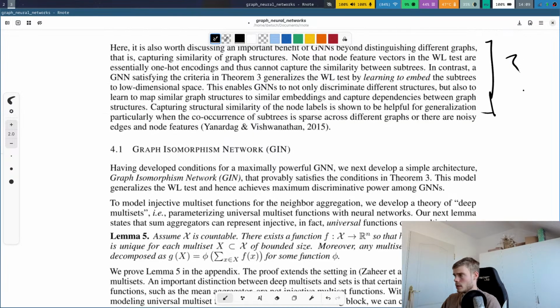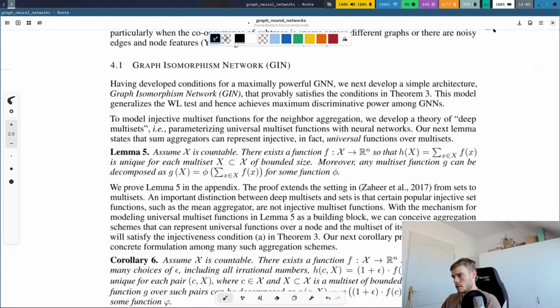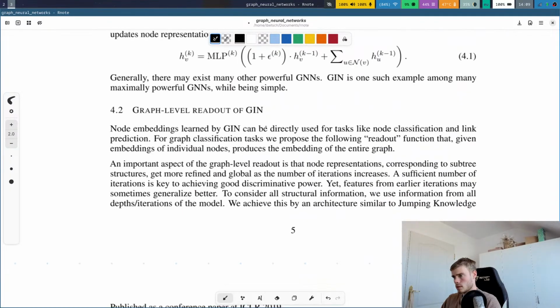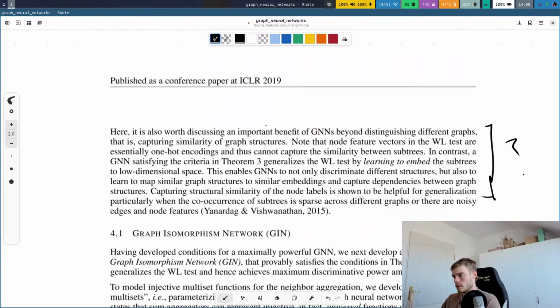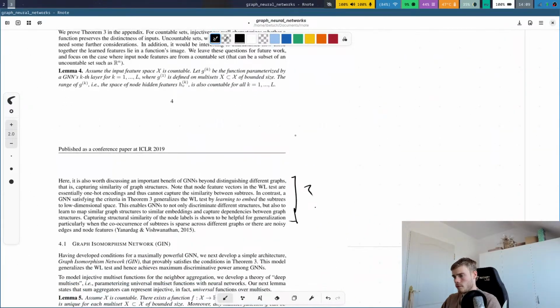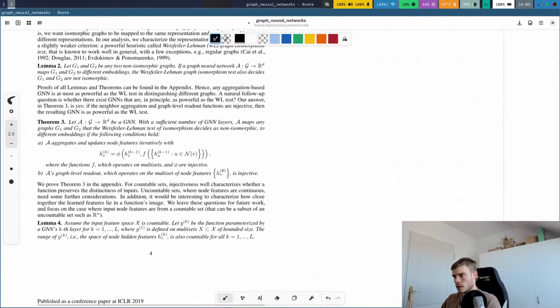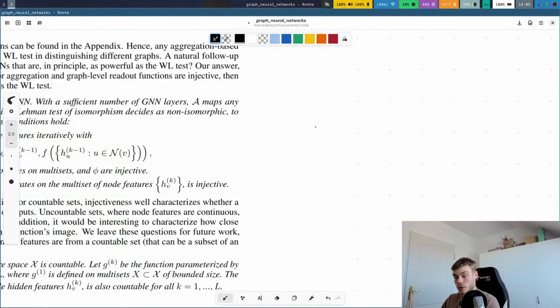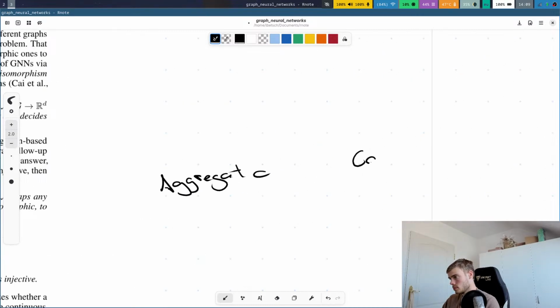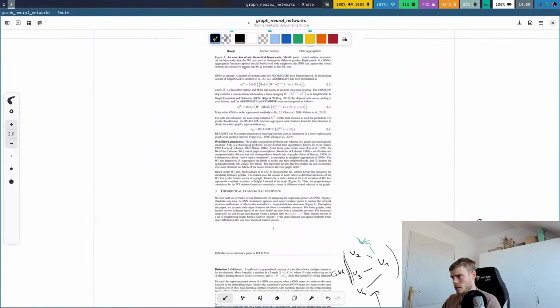Okay, now they introduce their graph isomorphism network. So they say, okay, we have the aggregate function. We have the combine function.